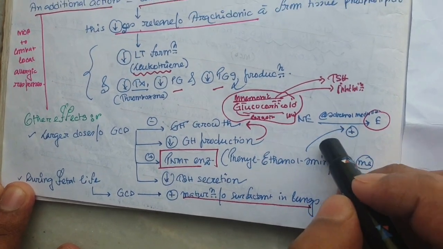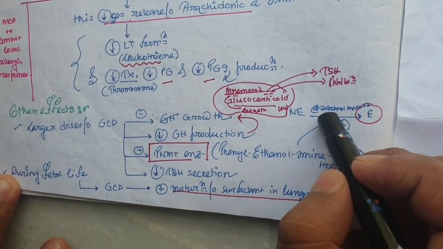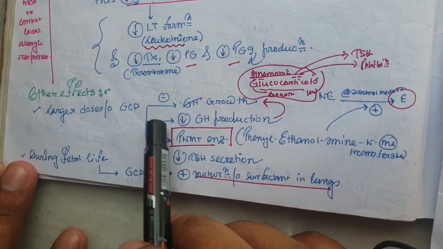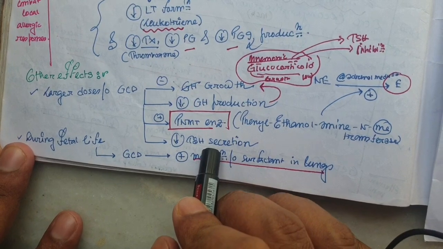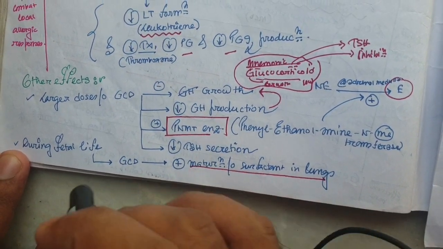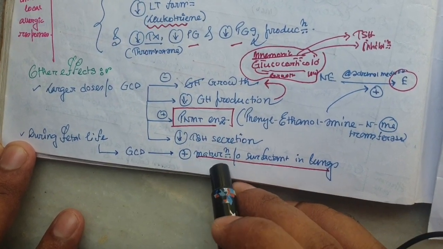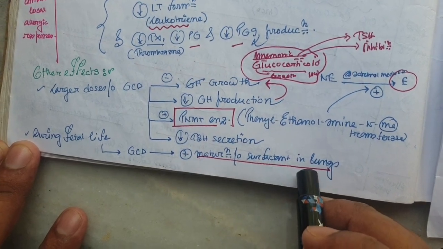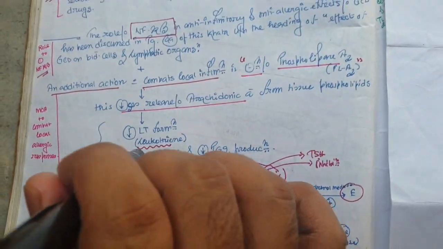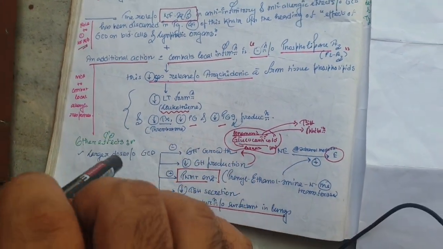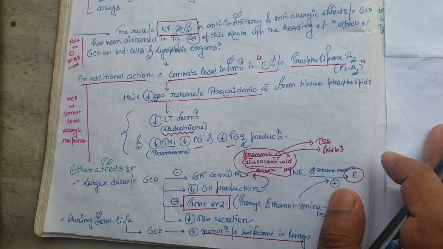This enzyme is responsible for the conversion of norepinephrine to epinephrine at the level of the adrenal medulla. The larger dose of glucocorticoids is also responsible for decreased thyroid stimulating hormone secretion from the anterior pituitary. And during fetal life, glucocorticoids also stimulate the maturation of surfactant in the lungs. So in a nutshell, we can easily see how glucocorticoids act and exert the anti-inflammatory and anti-allergic response all over the body.